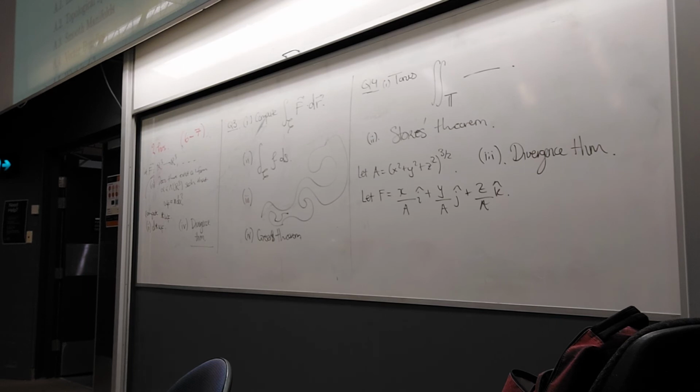Green's theorem. Not always. Green's theorem is a specific case of Stokes' theorem. Stokes' theorem is for surfaces, Green's theorem is for regions in the plane. Okay, so I may want to convert it to a line integral. What if I don't want to do that? Try maybe the divergence theorem.